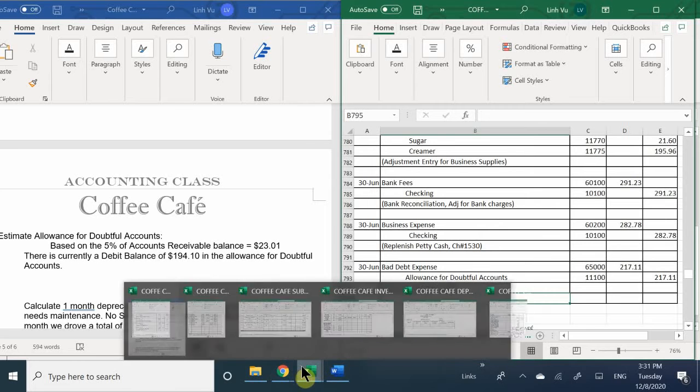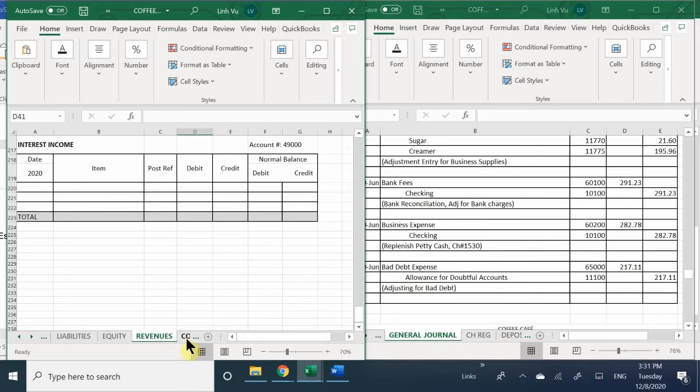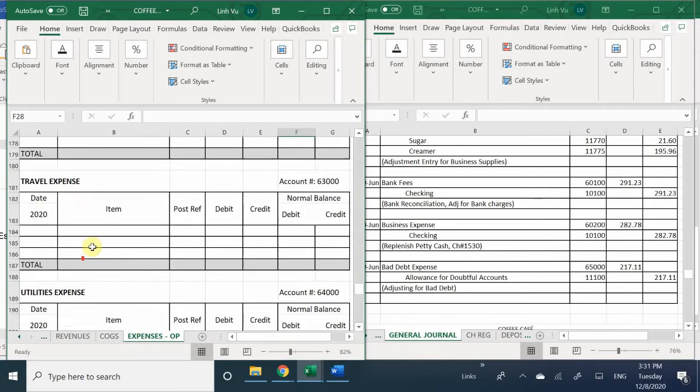I'm going to go to my bad debt expense account. So expenses, and it should be all the way at the bottom.